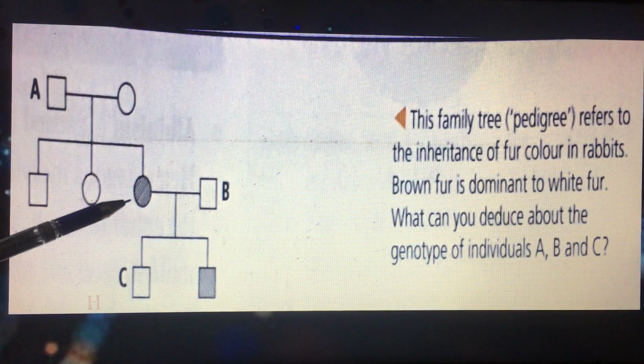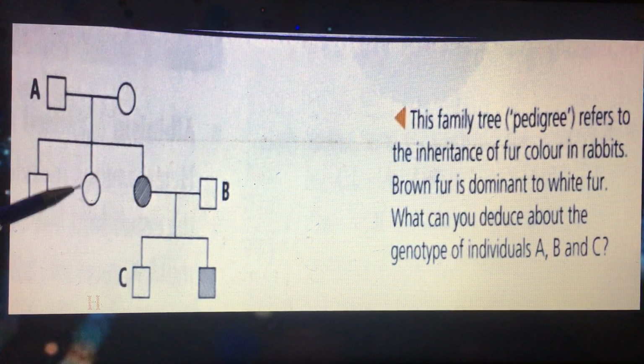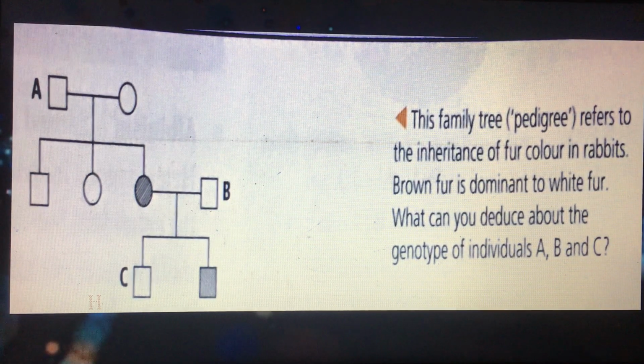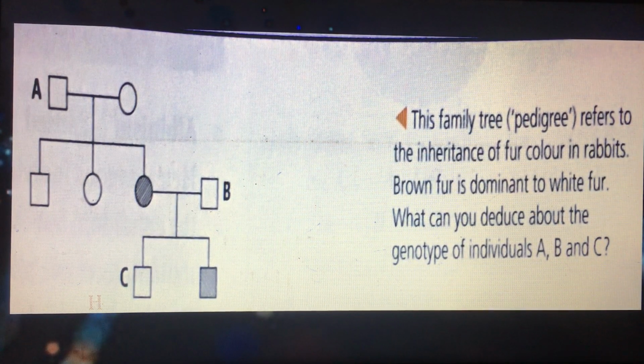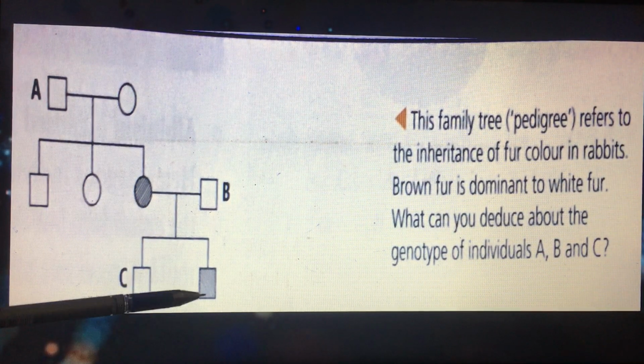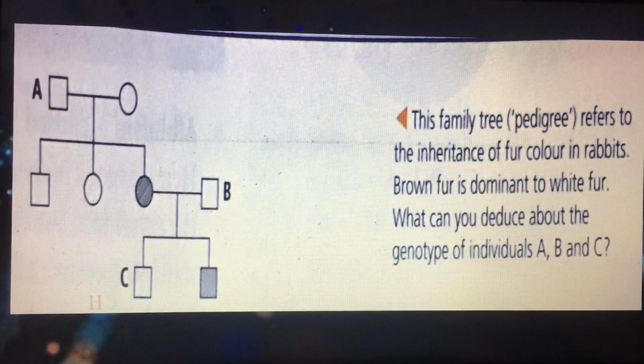So here we have a white female, here a brown female, and here a brown male. Let's say that B capital is brown and B small is white. Shaded circle and shaded square must be B small, B small.